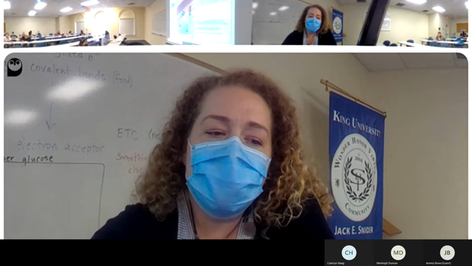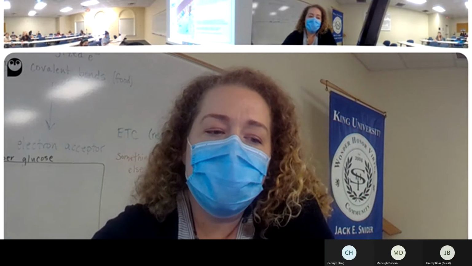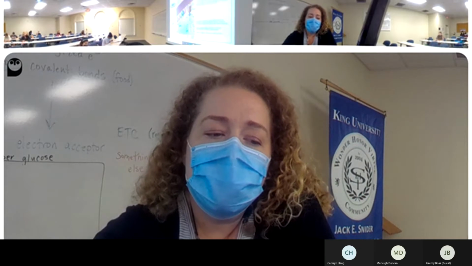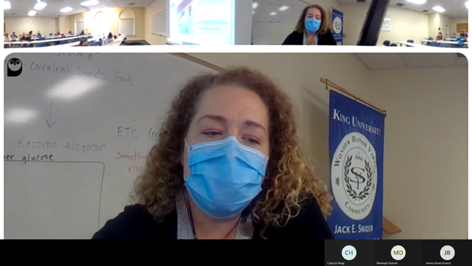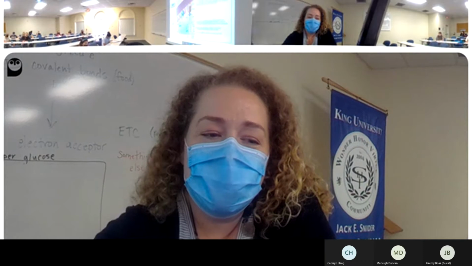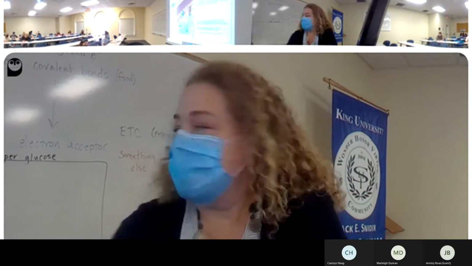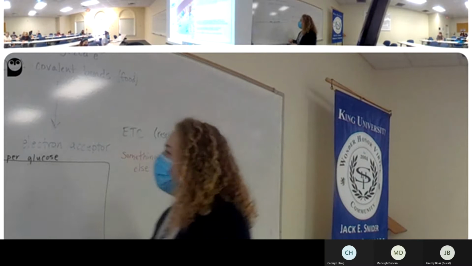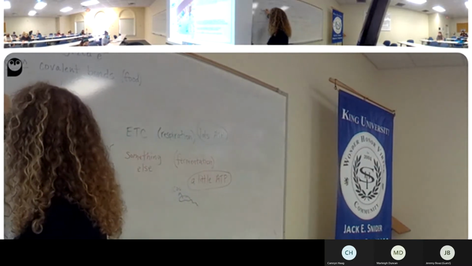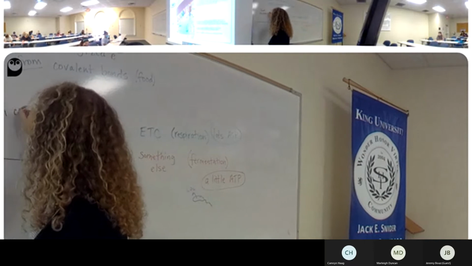And then I want you to circle this group of molecules here. Circle all this stuff, if you've got the pictures. Actually, this row of stuff right here. And call it final electron acceptor.